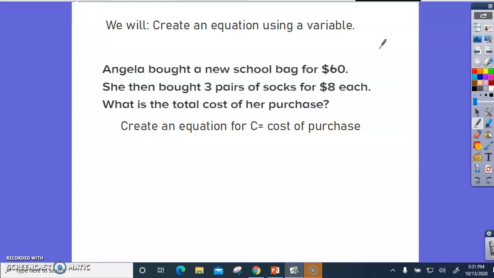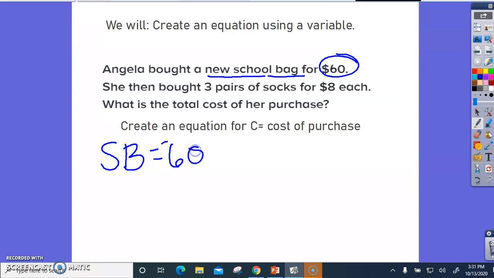So on our cubes, you are going to circle all your numbers. We have $60. She bought a school bag, so I'm going to underline that. I'm going to write that down below. School bag equals $60. Then she bought 3 pairs of socks for $8 each.